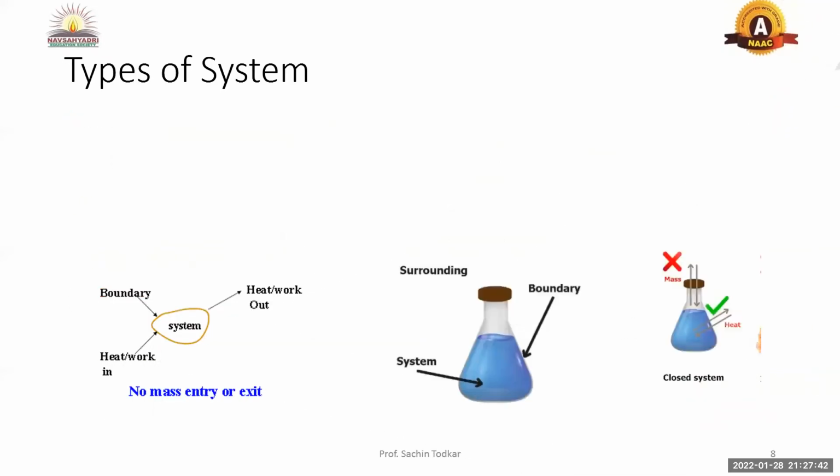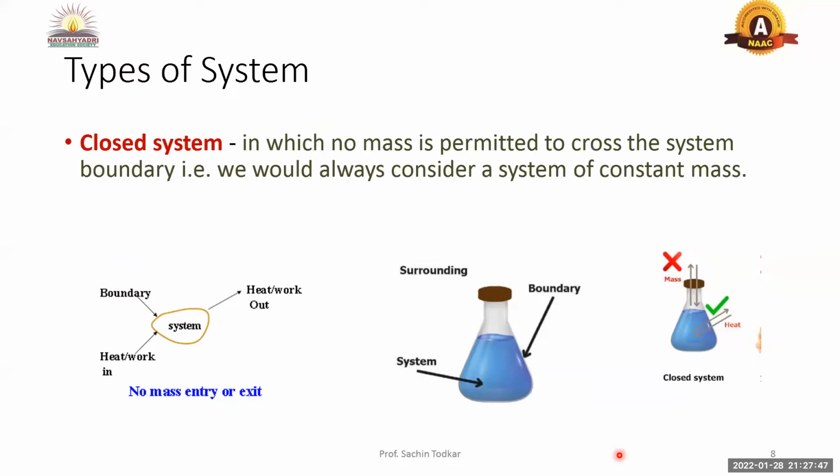Types of system. We can see here, the closed system. What is the definition? In which no mass is permitted to cross the system boundary. That is, we would always consider a system of constant mass. Observe here in the diagram, mass cannot be transferred due to the lid of the burette, but heat can be transferred inside or outside.